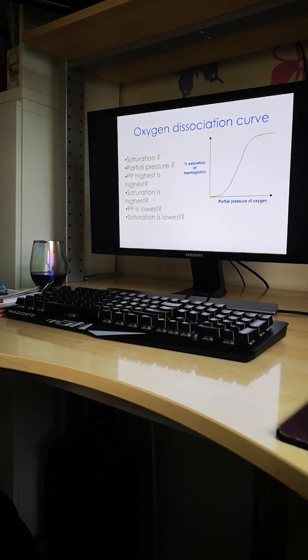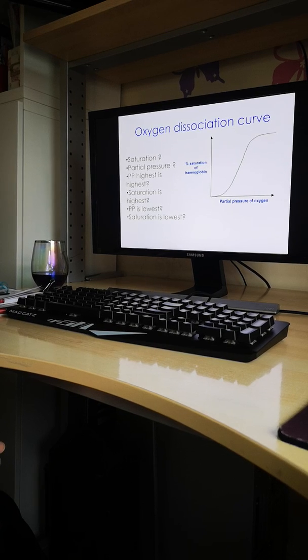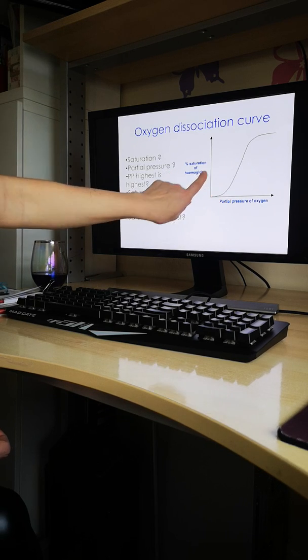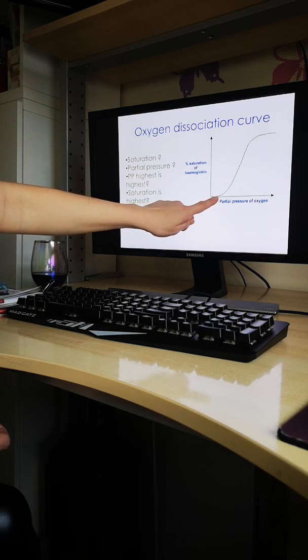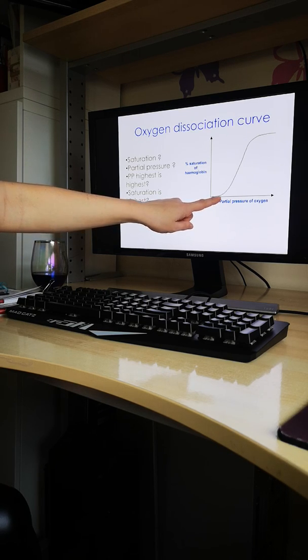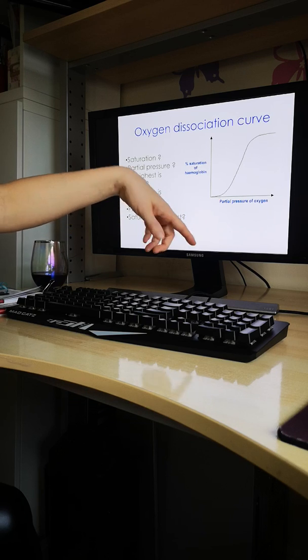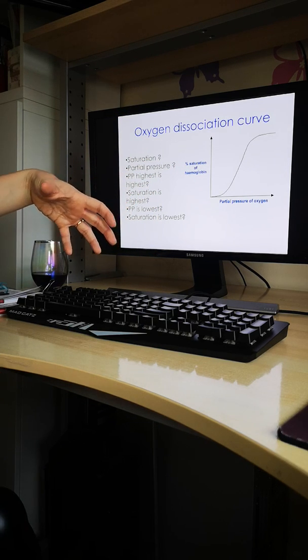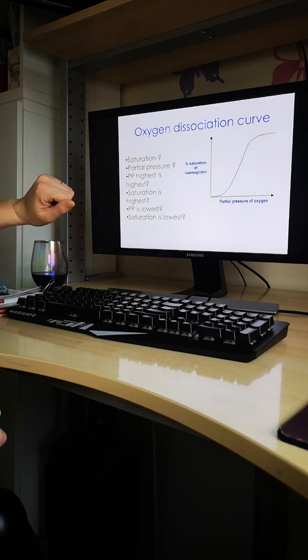So the graph confirms what we said about haemoglobin and its special properties earlier. It's telling you that when we are at the tissues, the haemoglobin has a really low saturation for oxygen. In other words, most of the haemoglobin is letting go of its oxygen. It's dissociating, or unloading is the other thing that you can say.